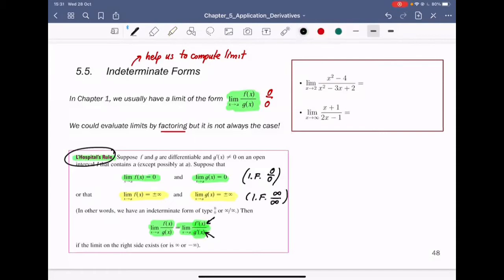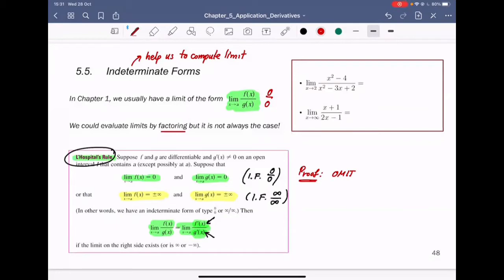So the proof of this thing, well, I'm not going to show it here because we don't have time. But for those of you who want to talk about the proof of the L'Hopital rule, you can get in touch with me by email. Well, we can look at the proof together. But usually math students learn the proof of the L'Hopital rule in the 3rd year in the real analysis subject.